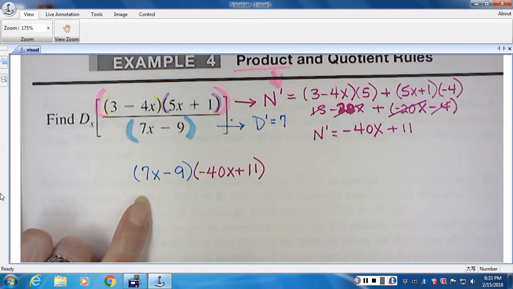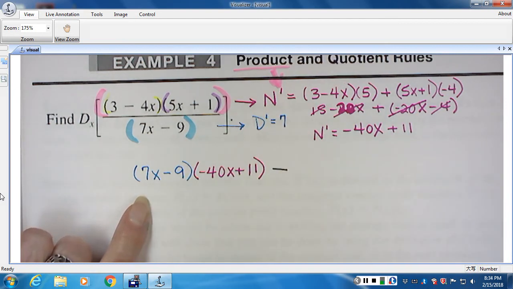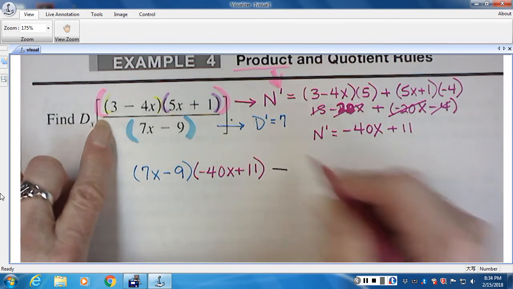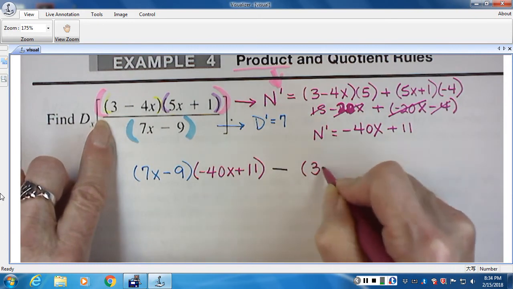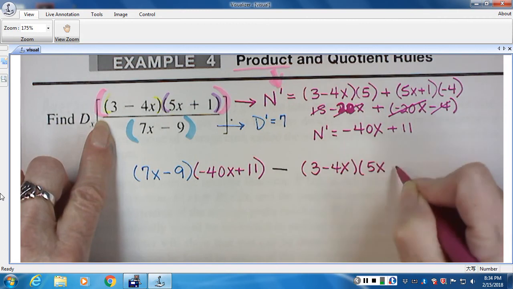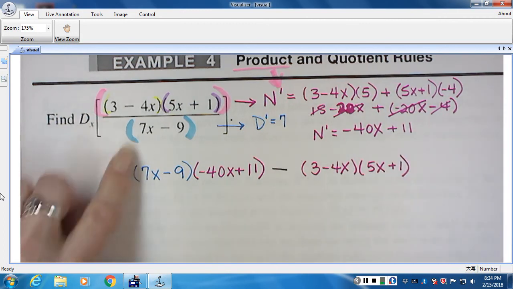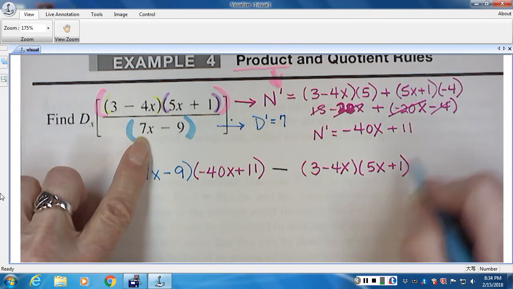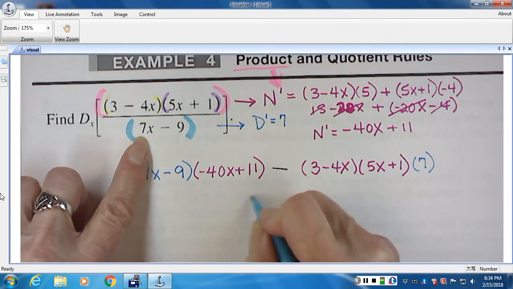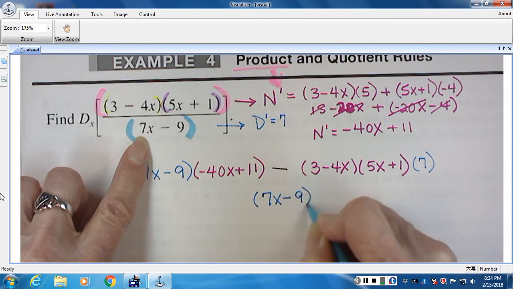My rule says I'm going to subtract my original numerator. Don't go back to this. My original numerator, 3 minus 4x times 5x plus 1, times the derivative of the denominator, which was 7. And I'm going to put it all over the denominator squared, which is 7x minus 9 squared.